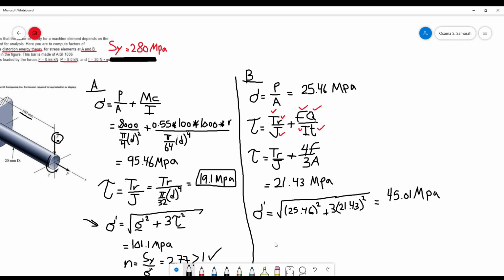If you want to calculate the factor of safety using the distortion energy theory, N is equal to the yield strength over von Mises stress, so 280 over 45.01. This will come out to be 6.22, which is larger than 1. So the bar is safe, and no static yielding will occur.